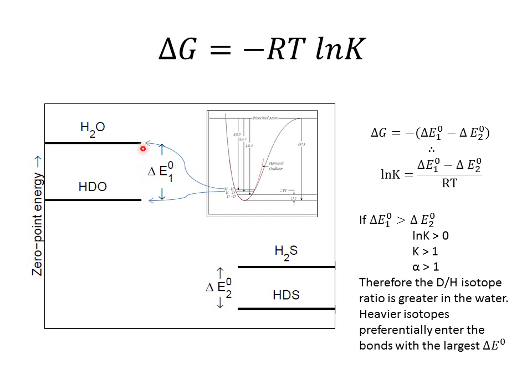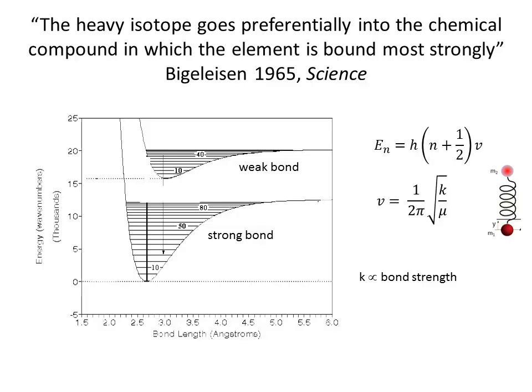You can see here that the heavier isotopes will be going into the water, because there's a bigger difference from water to HDO than from hydrogen sulfide to HDS. So heavier isotopes basically go into the bond that has the biggest difference in zero point energy, the biggest difference in the ground state of that bond due to the mass difference.